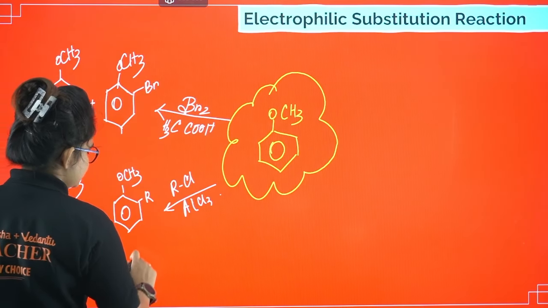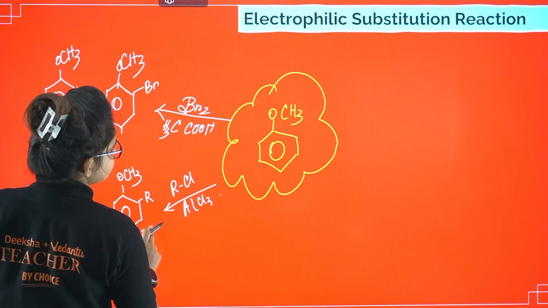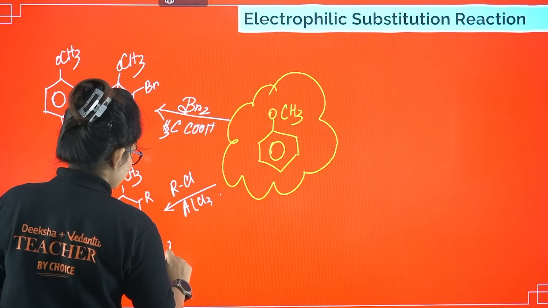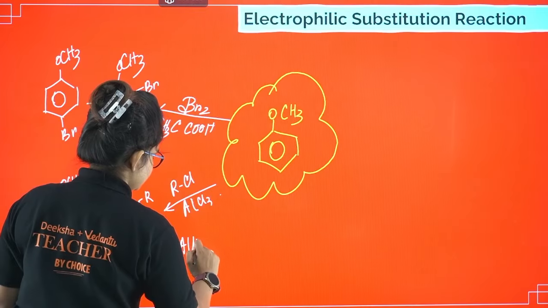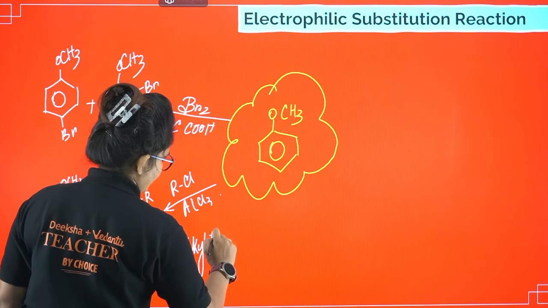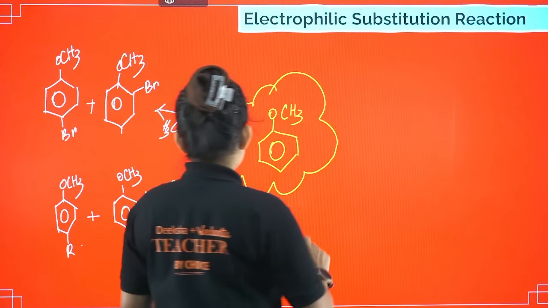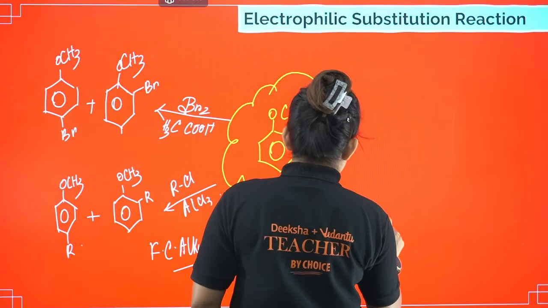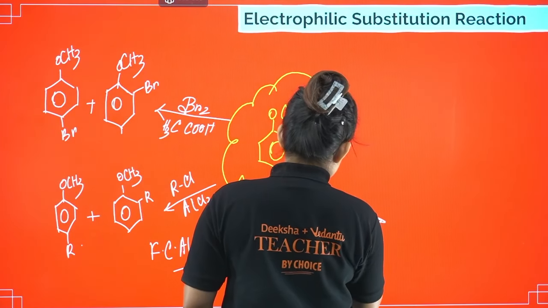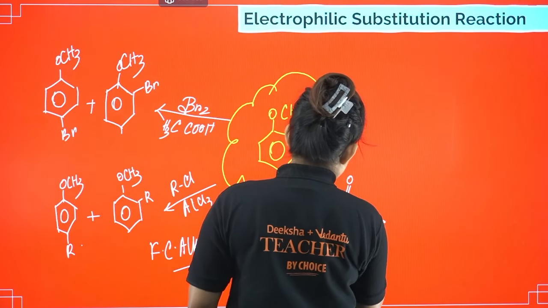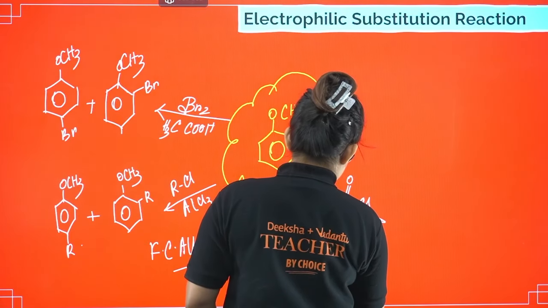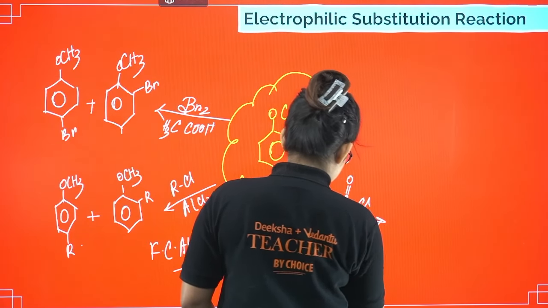Okay, so what is this reaction? This is Friedel-Crafts alkylation, right? Now we can proceed with the acylation, Friedel-Crafts acylation. Here we will treat this with RCOCl, meaning one acyl chloride group, in presence of aluminium chloride.